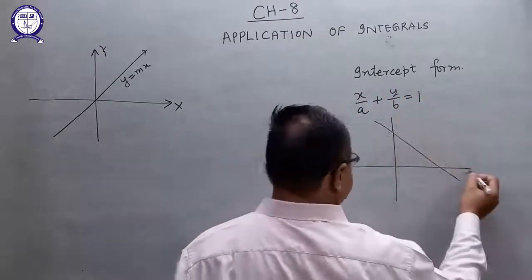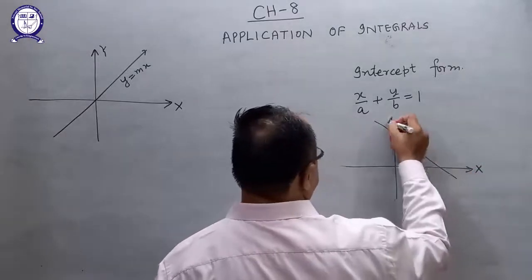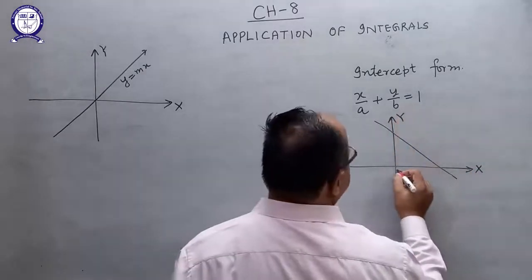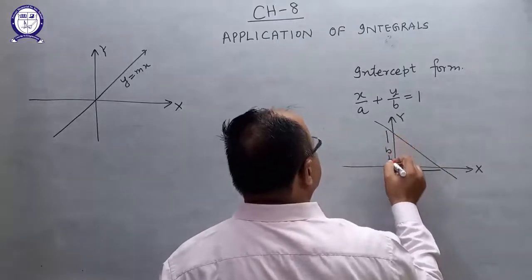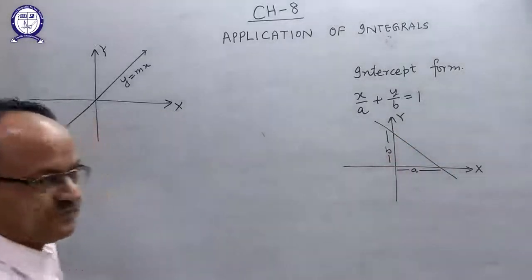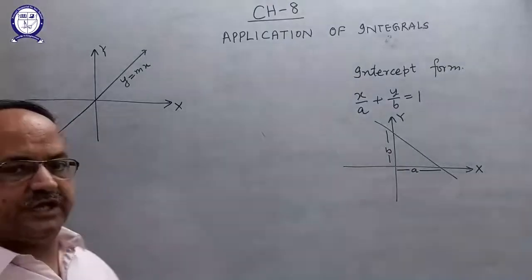This is called intercept form. This portion is a and this portion is called b. Intercept form we use in chapter number 8.